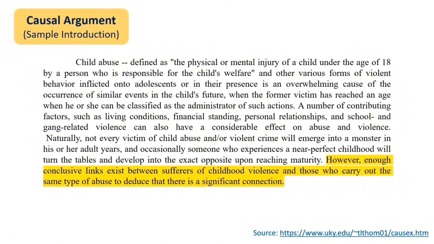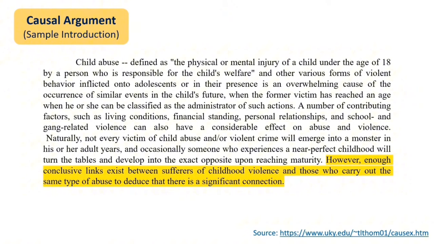Child abuse, defined as the physical or mental injury of a child under the age of 18 by a person who is responsible for the child's welfare, and other various forms of violent behavior inflicted onto adolescents or in their presence, is an overwhelming cause of the occurrence of similar events in the child's future, when the former victim has reached an age when he or she can be classified as the administrator of such actions.